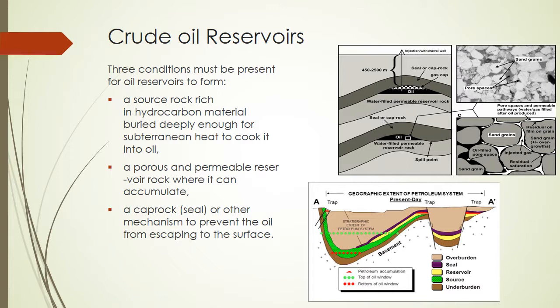A cap rock must be there to prevent the oil from escaping to the surface. In the figure, the green part is the source, above that is the reservoir, above that the violet part is the seal, and above the seal is the overburden, and below the source is the underburden.